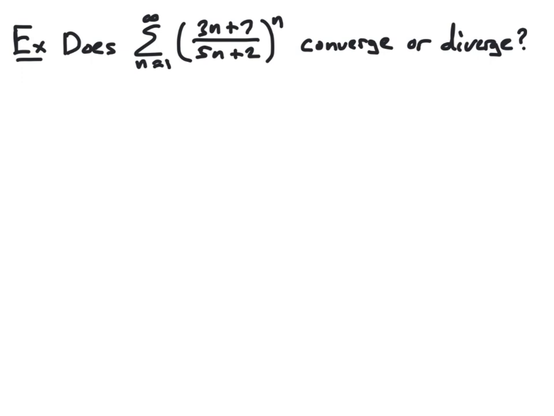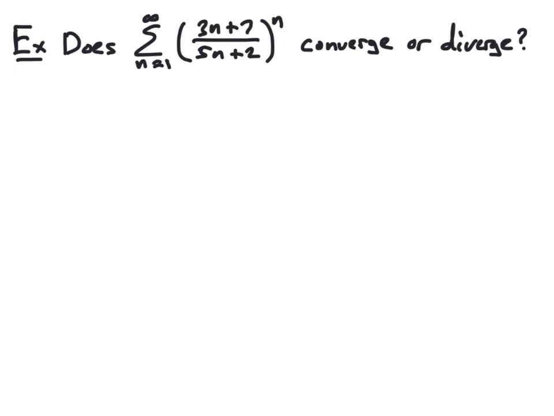For our first example, let's determine whether the series from n equals 1 to infinity of (3n plus 7 over 5n plus 2) to the nth power converges or diverges. Notice that the term of our series is a rational function raised to the nth power.